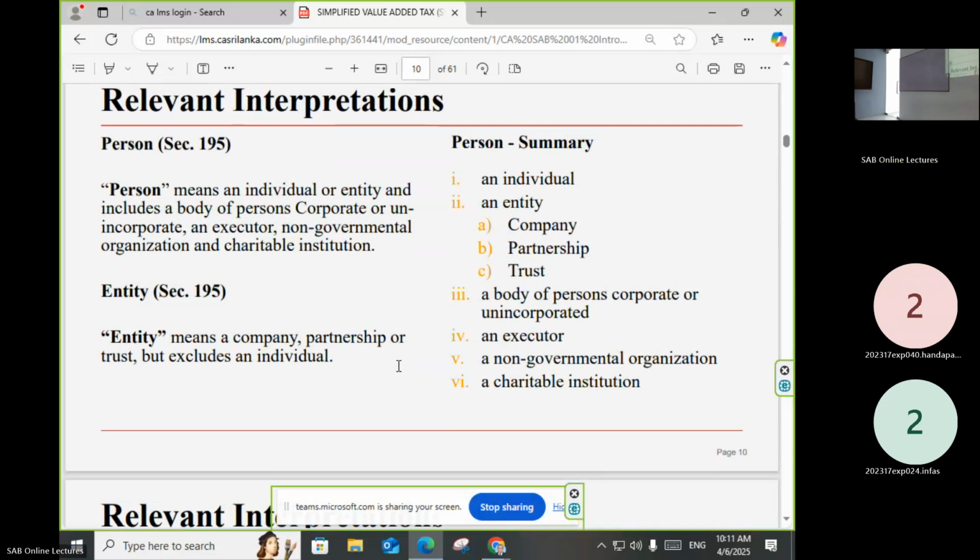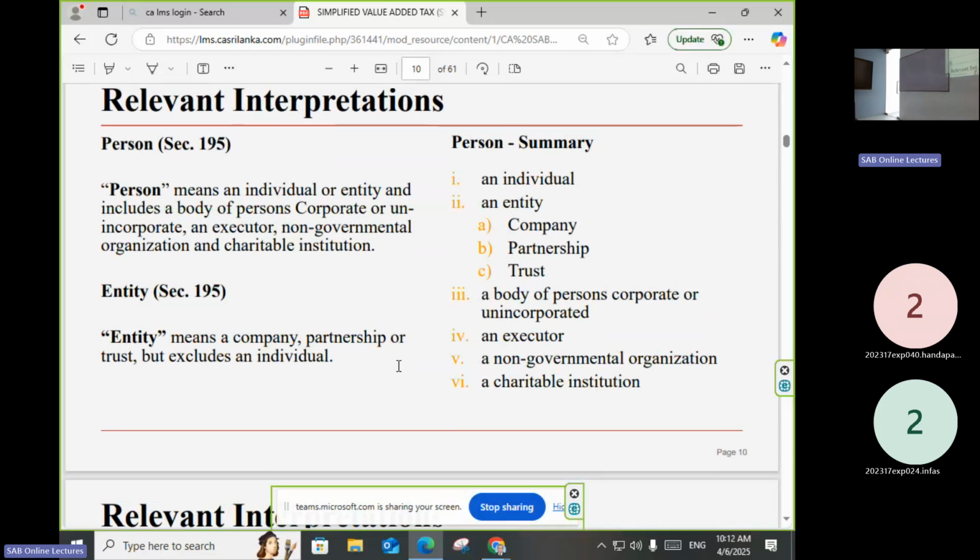Example: an NGO, a bank, a company. Body of persons means a collection of persons, whether registered or not.